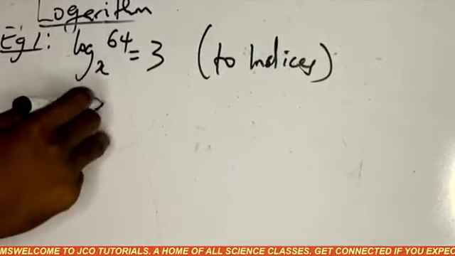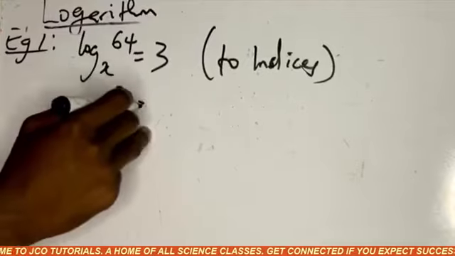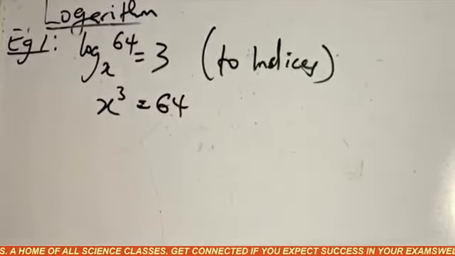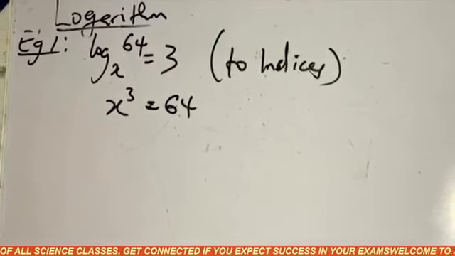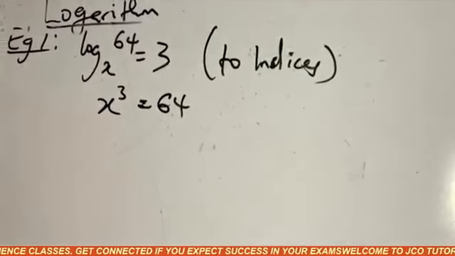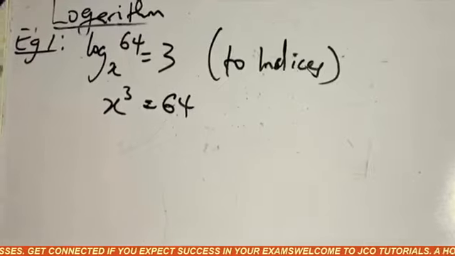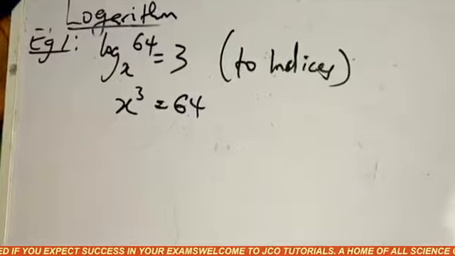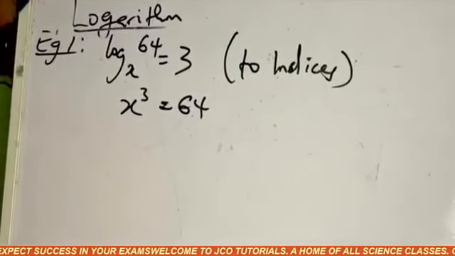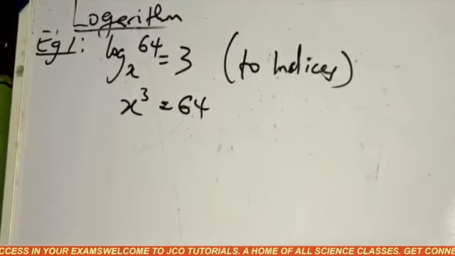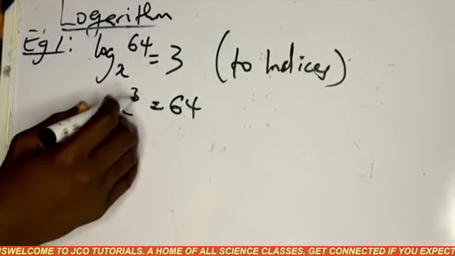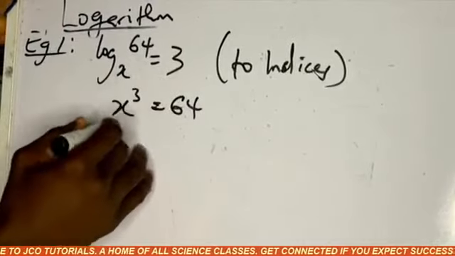So the base x is raised to power 3, and outside is your 64. Are you seeing it now? So we can just transform it into indices. Once you're able to transform it to indices, then from there we can push on. So that's the first key, transformation to indices. Now, looking at this, your cube can go to the other side.